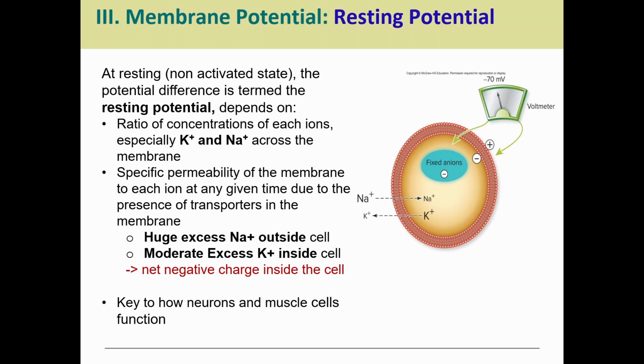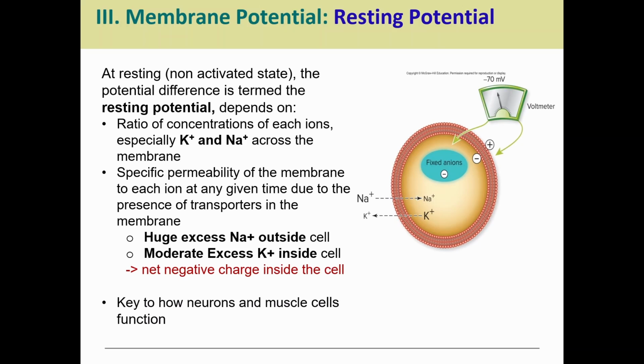And this usually comes down to a couple things. It comes down to the ratio of the concentration of ions, in particular potassium and sodium. And when we talk about the neuron, we're going to really talk a lot about the movement of potassium and sodium ions. And then also it comes down to the permeability for each of these ions at any given time when we look at the transporters in the membrane.